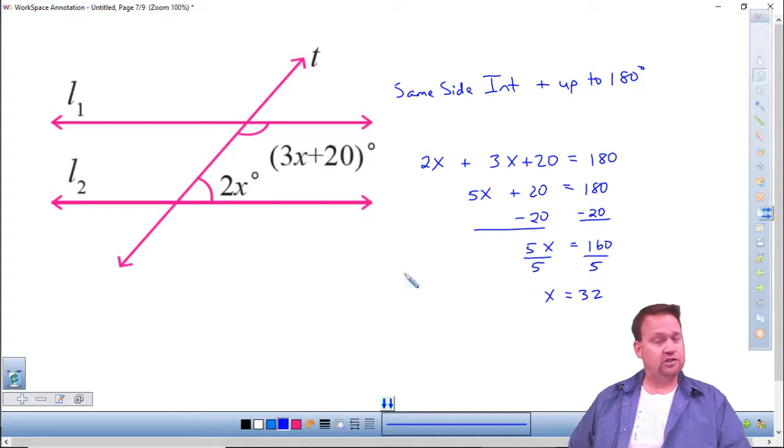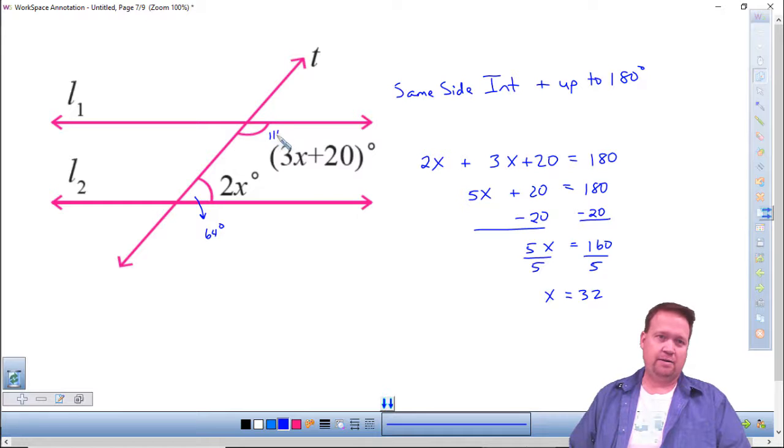Now, if x equals 32, I can substitute it in. This says 2x, so this angle right here is 2 times 32, which is 64 degrees. And this angle here is 3x plus 20. If I multiply 32 by 3, that's 96, plus 20 is 116 degrees.